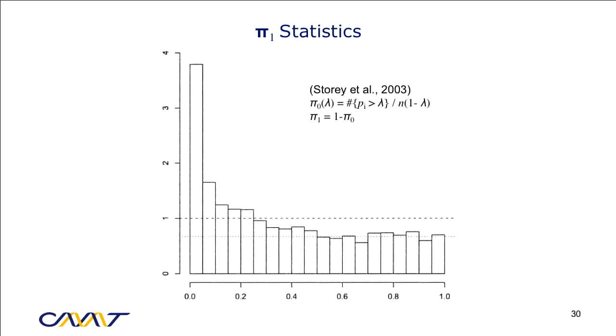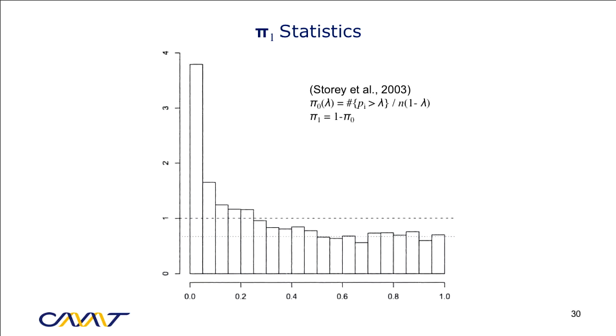And the idea is this. If all my associations are nulls, then my p-value distribution should be just a uniform distribution. But if there are some non-nulls, then it'll be skewed like this. And the idea is that for, let's say, a p-value lambda of 0.6, if everything is null, I know how many associations should be null. So if I use lambda of 0.6, then it will be 0.4 times n, n being the number of associations being tested.